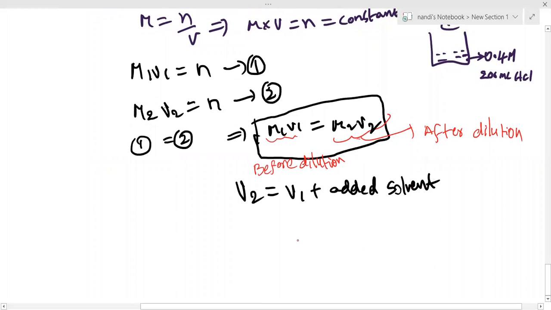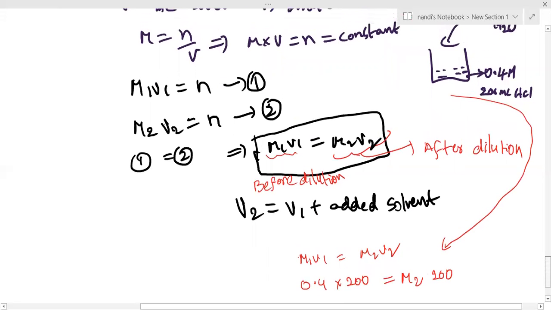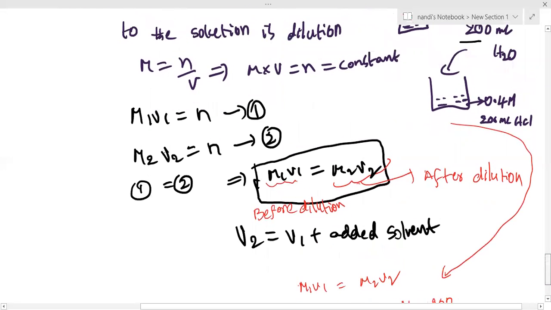So M1 is 0.4, M1 V1 equal to M2 V2. I'm solving. This is the problem here. So M1 is 0.4 into V1 is 200 ml. M2 I don't know, but V2 I know. 200 plus, how much solvent are we adding here? 200 only.